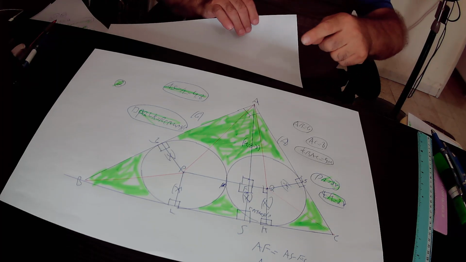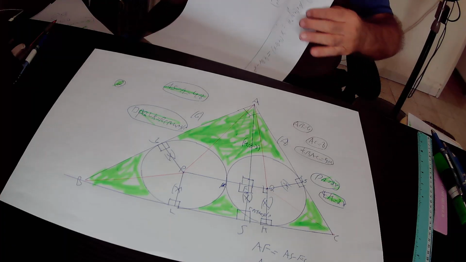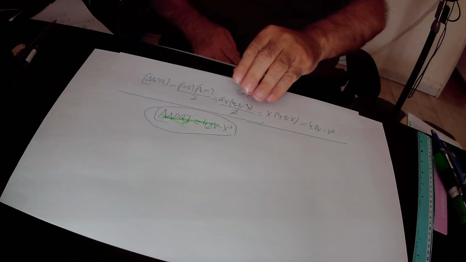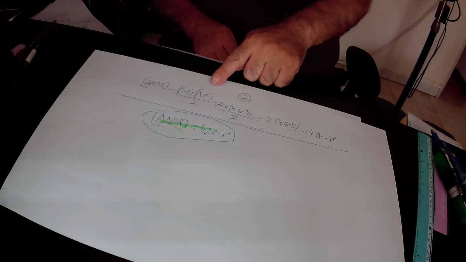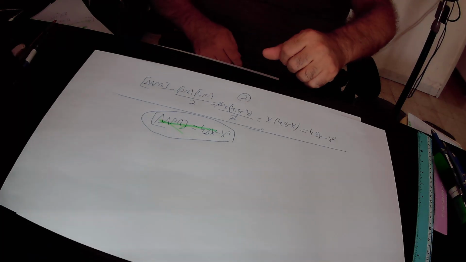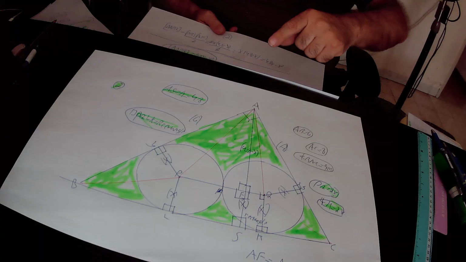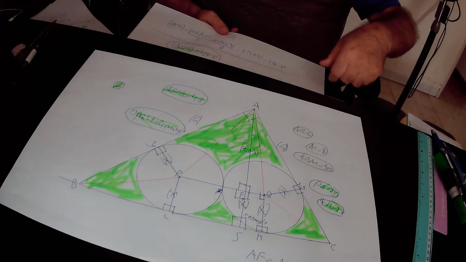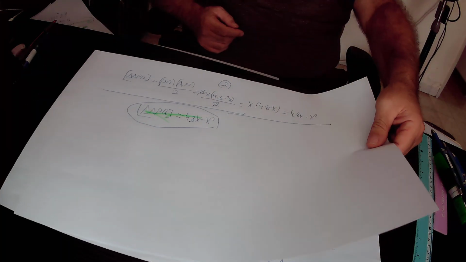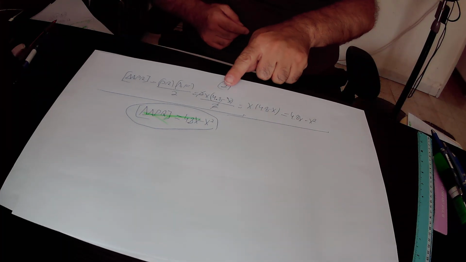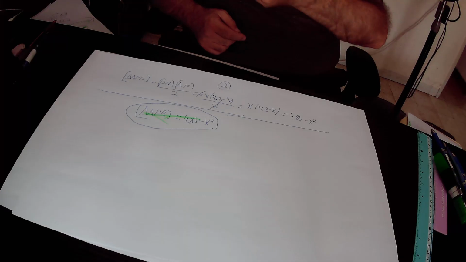Again, the area of triangle APQ equals the base PQ times the height AF over 2. PQ is 2X, AF is 4.8 minus X, divided by 2.